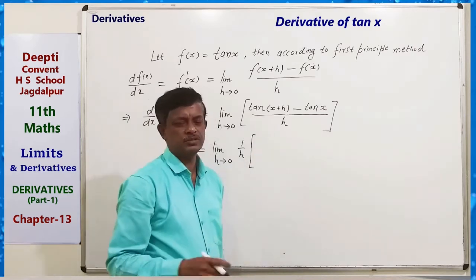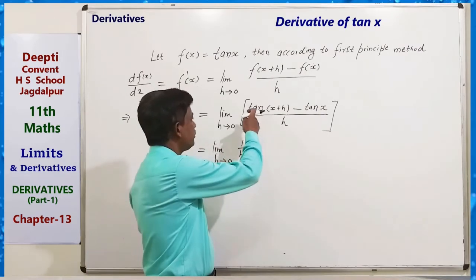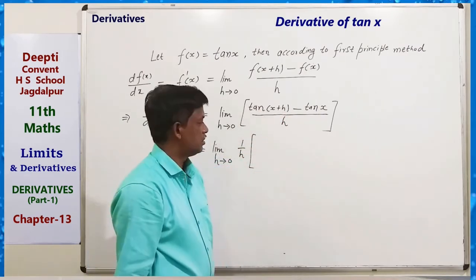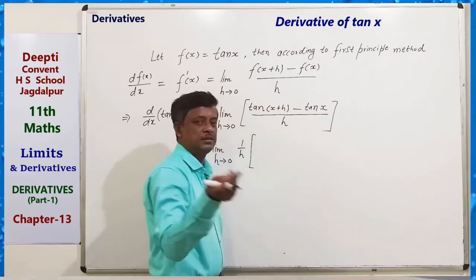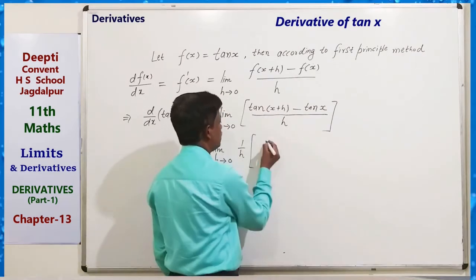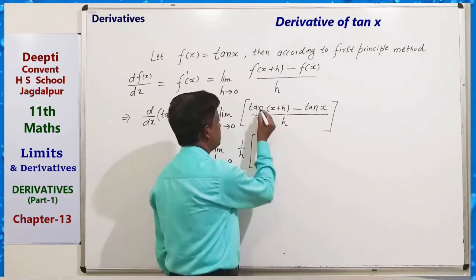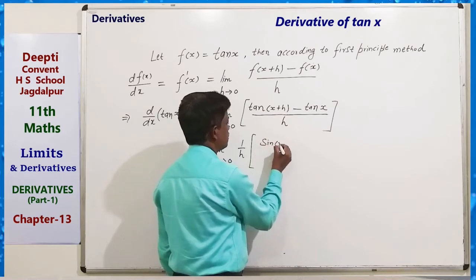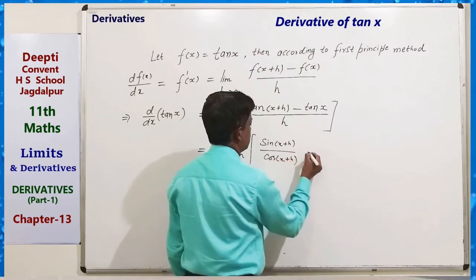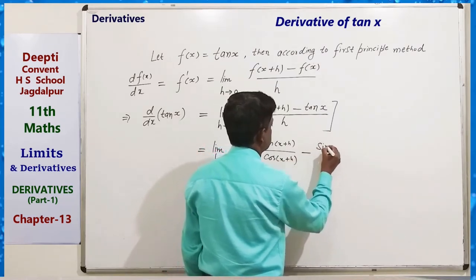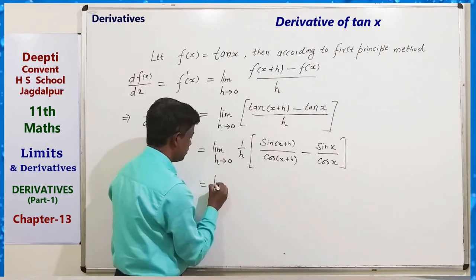So we convert it, because we know the formula: in terms of cos x, the limit of sin x by x is 1. So just convert it in terms of sin and cos. So here, 1 by h, tan means sin(x plus h) upon cos(x plus h) minus sin x by cos x. Just take the LCM of this.